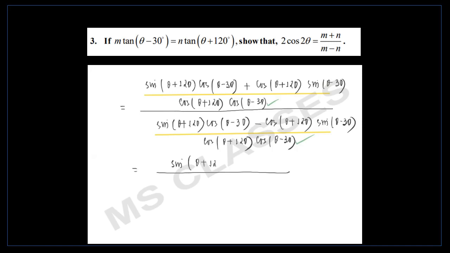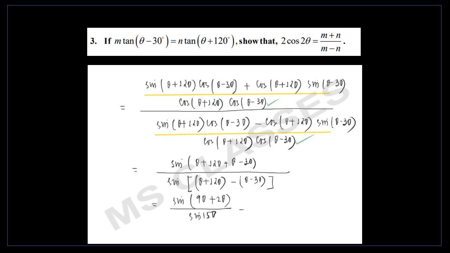Theta plus 120 plus theta minus 30. Here sin(A minus B), theta plus 120 minus theta minus 30. So this will be what? Sin(90 plus 2 theta) by sin 150.